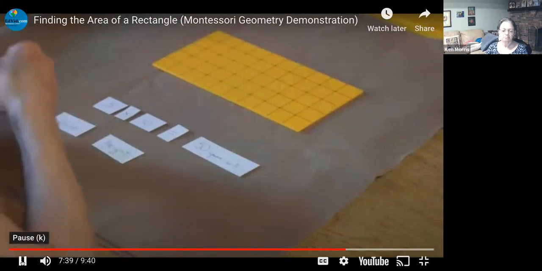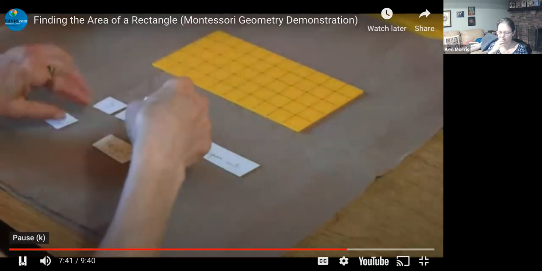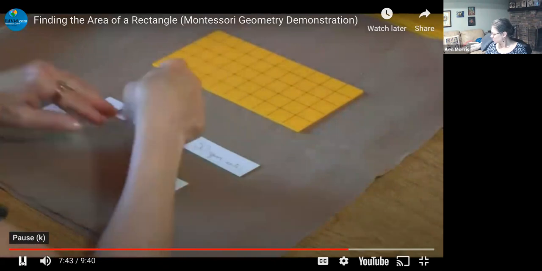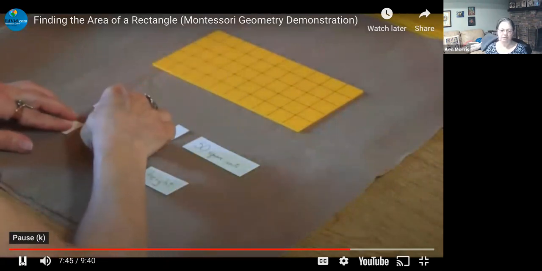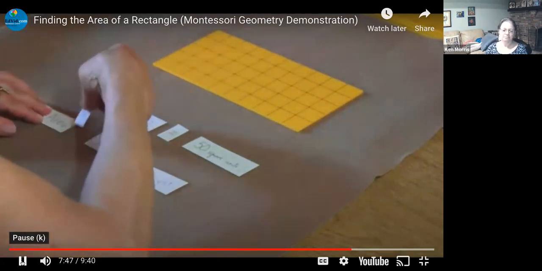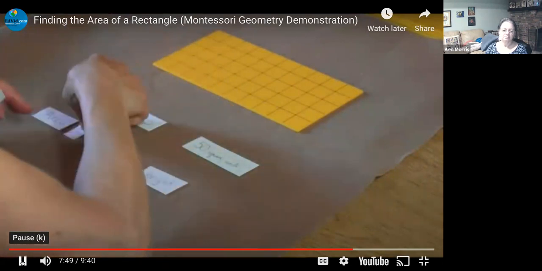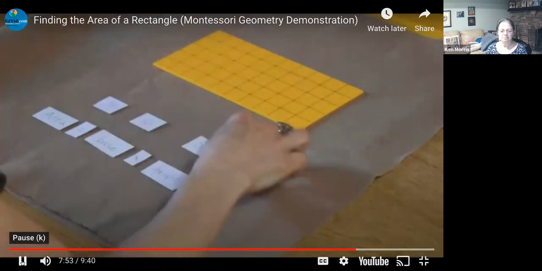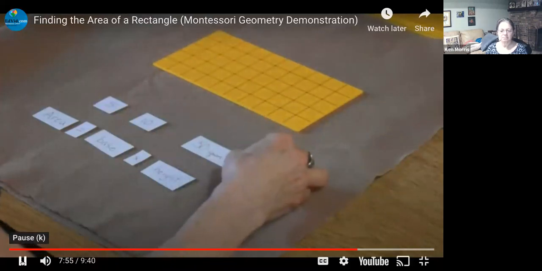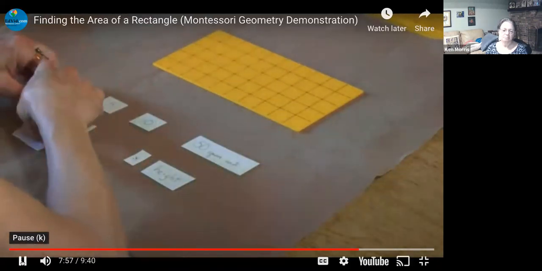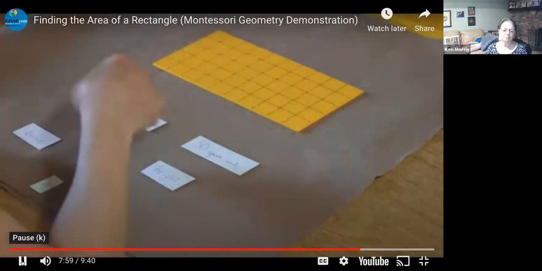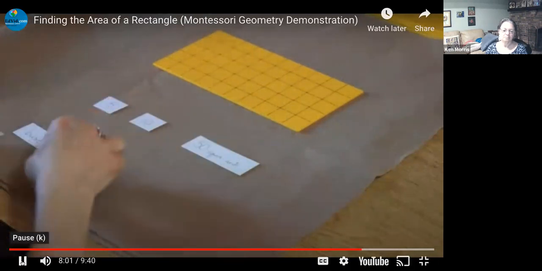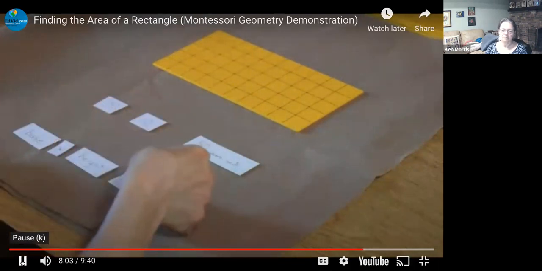This is called a formula. So here's the formula. Area equals base times height, or base times height equals area.